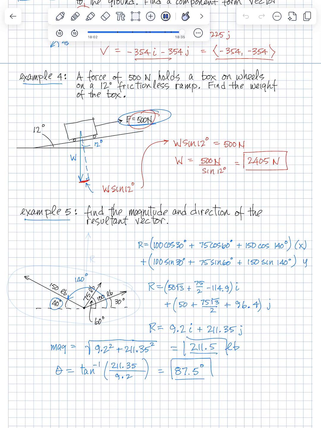So something like that angle. And this would be our resultant. At that angle, and at 211.5 pounds, it replaces all three of those individual vectors. Okay, so that is it for 6.3.